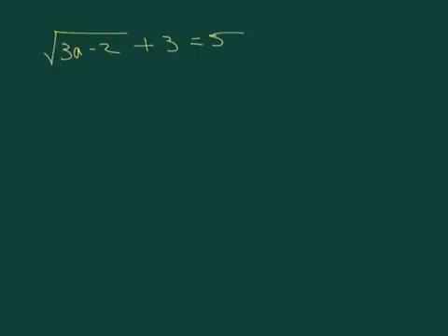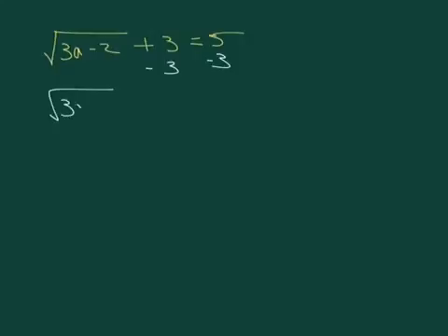In this one we have a radical and a number outside of the radical on this side. So what we have to do is we have to isolate the radical. What that means is we need to get the radical on one side of the equal sign by itself. So how do we get rid of a plus 3? Well, the same way we always have. We subtract it from both sides.